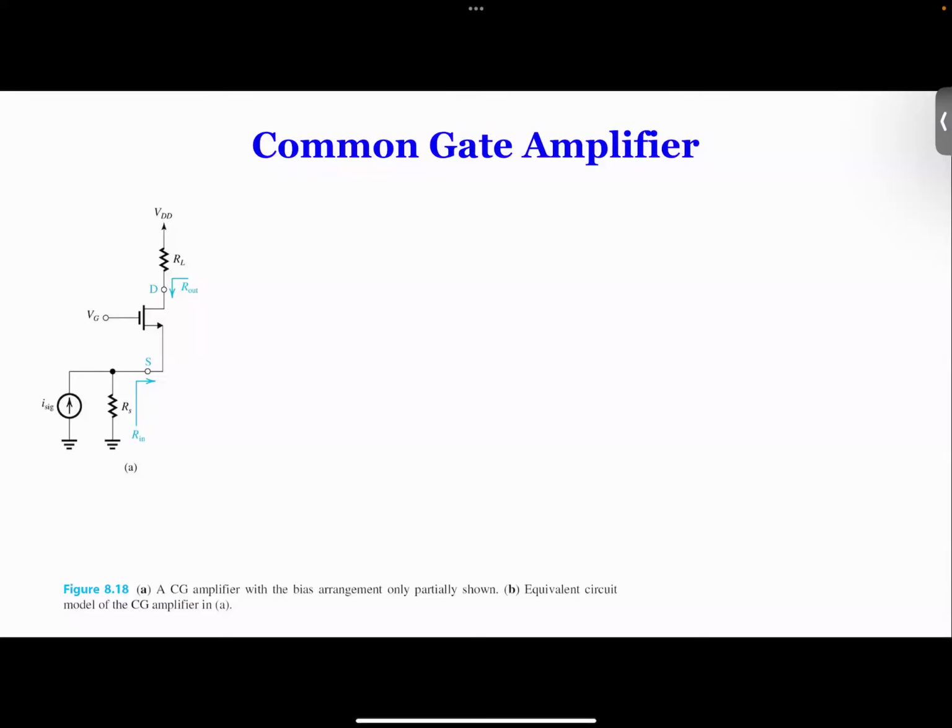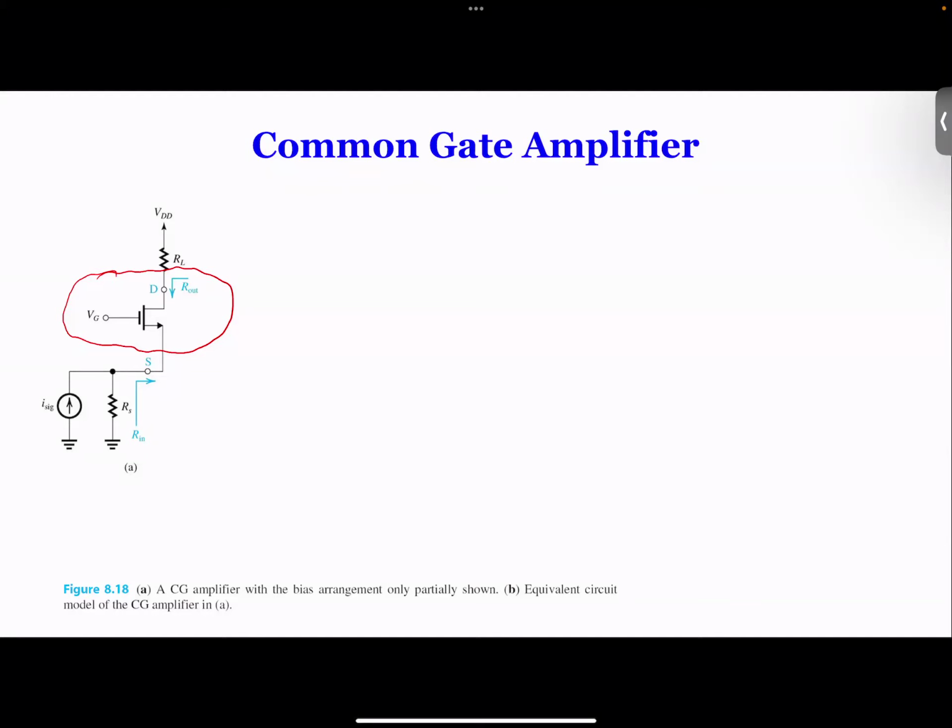Therefore, this whole thing will become fairly simple. What the book wants to tell you is that we want to represent this whole thing like this little block with an equivalent circuit. Remember, previously we derived the equivalent circuit for a common source amplifier, but now we're going to derive an equivalent circuit for this thing.